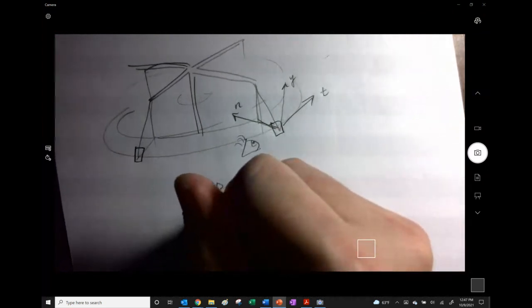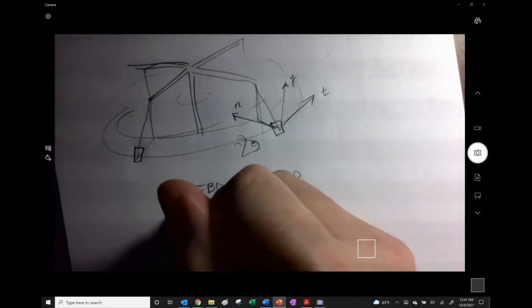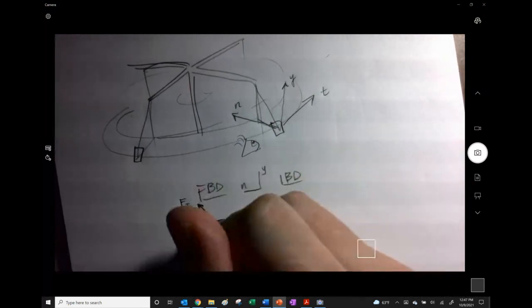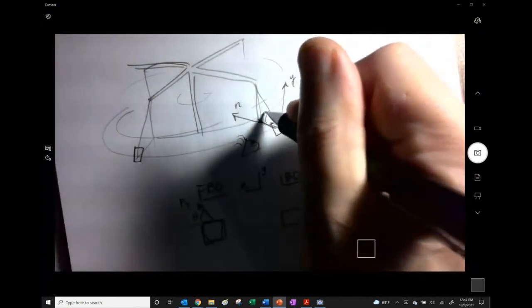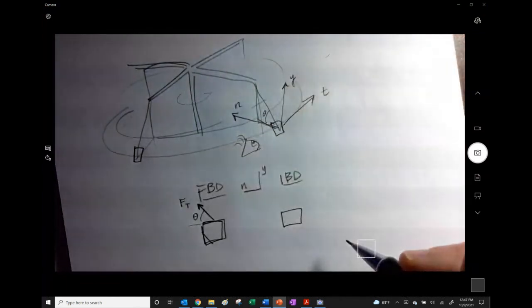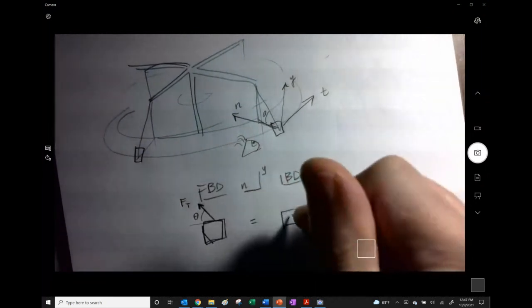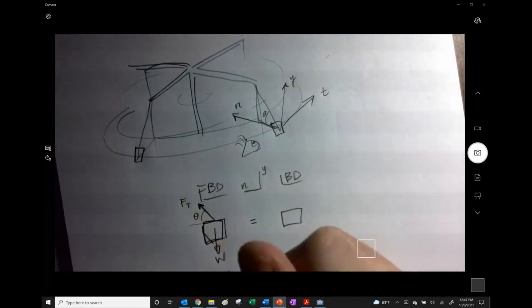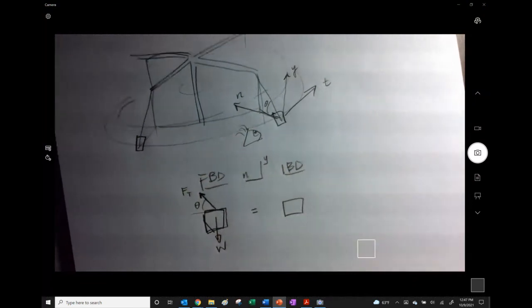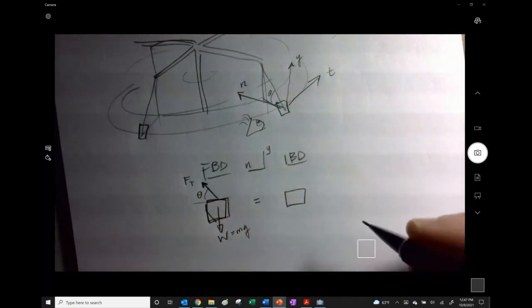So we have an angle. We have a tension right here. And here is the angle they were describing that they wanted us to find. Right, so we also have gravity. Here's the weight of the thing, which we know is mg.